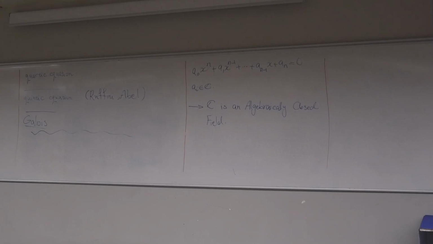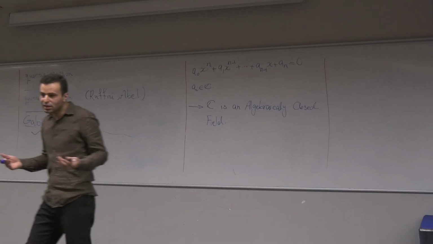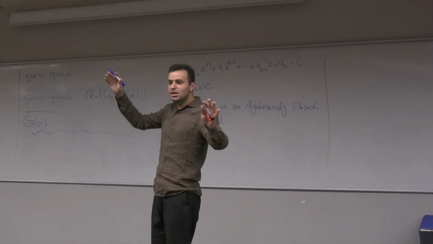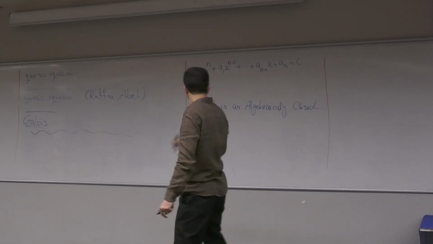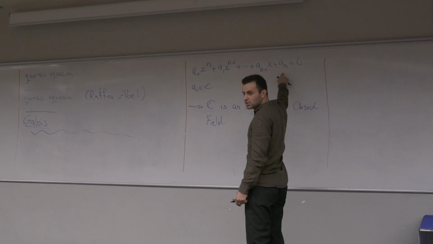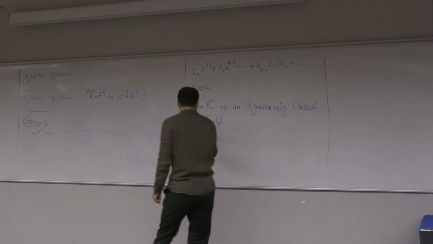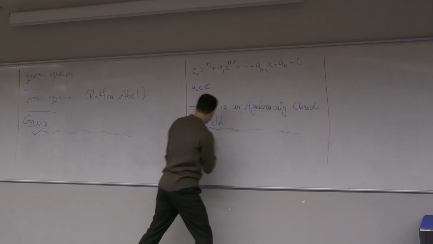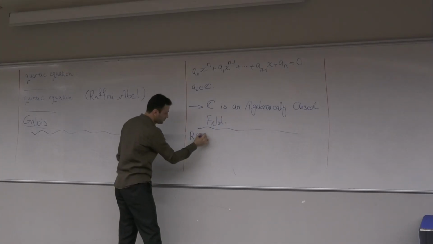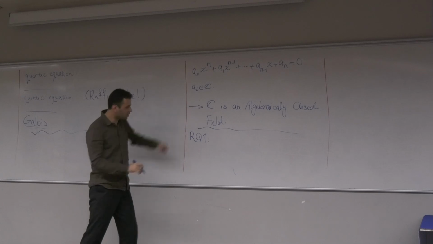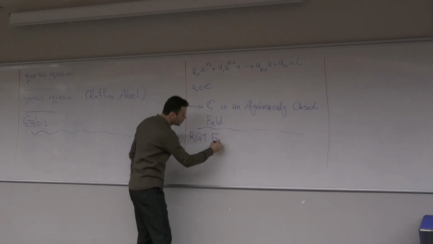This means that we are not going to extend our number system again to bigger number systems. C is already enough for us for solving all these kinds of equations. Okay? One thing as a research question, let me give it to you, which is related to this fact actually. It is called the fundamental theorem of algebra.